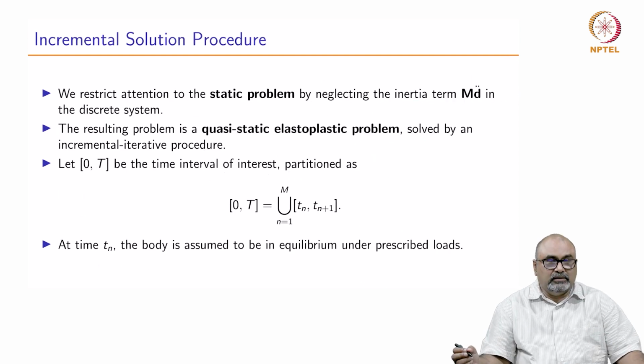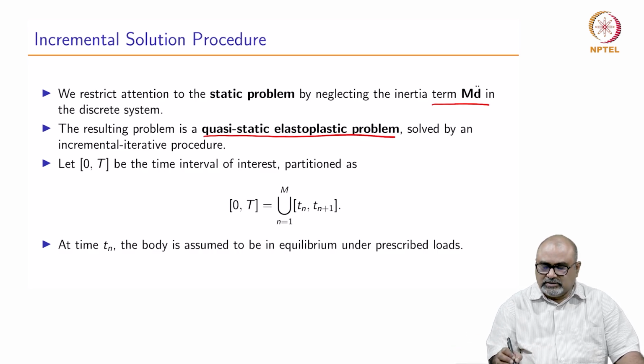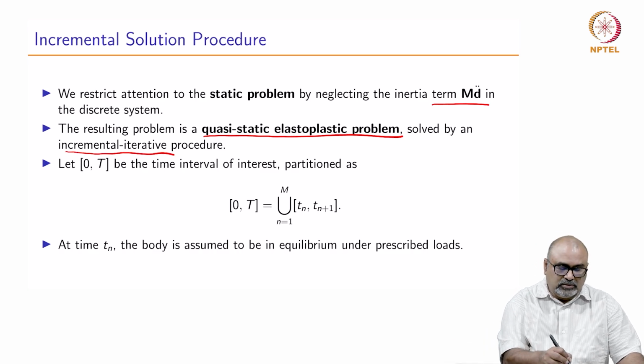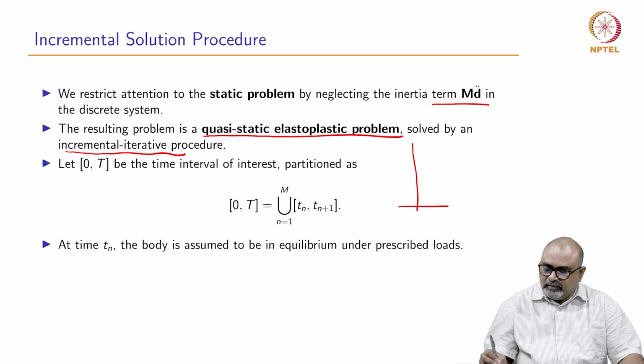So, one can restrict the attention to static problems right now to discuss the incremental solution procedure, and we neglect the inertia terms, and the quasi-static elastoplastic problem solution is discussed now using an incremental iterative procedure. So, essentially what we are going to have is, when we talk about a load versus deflection or stress versus strain, and we have a plot like this, which is nonlinear.